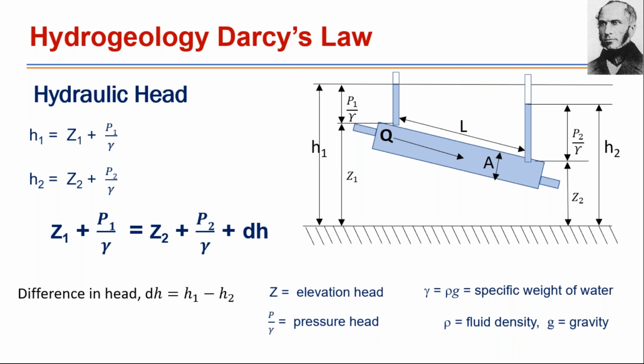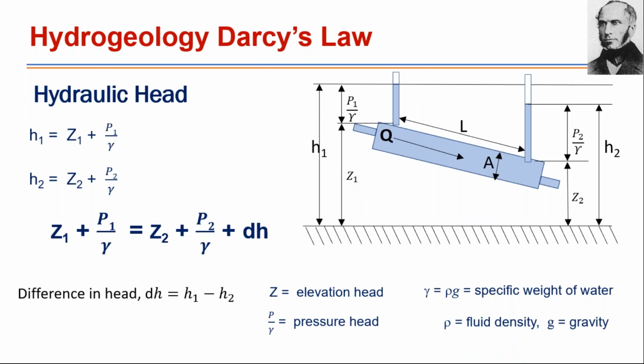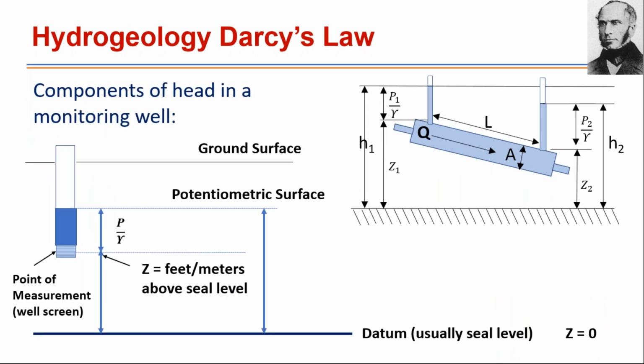So basically, head 1 is equal to head 2 with that change in head. If you go back to the first slide, dH, the difference in head, is the difference in the head of the water table at 1 minus 2. We'll see that more later.